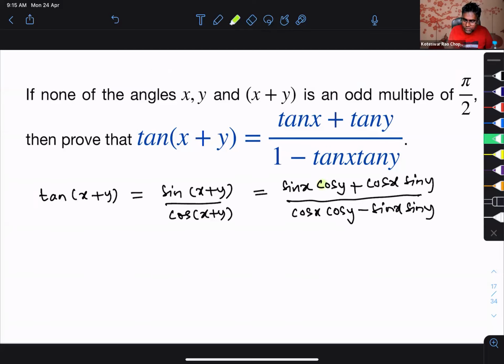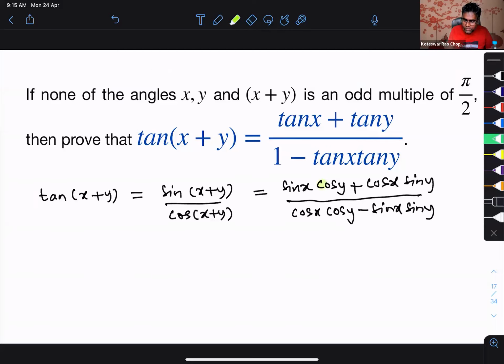So sin x sin y, and then what do we do here? The same thing. You divide by cos x and cos y. So sin x cos y divided by cos x cos y, and then here I have cos x sin y divided by cos x cos y.